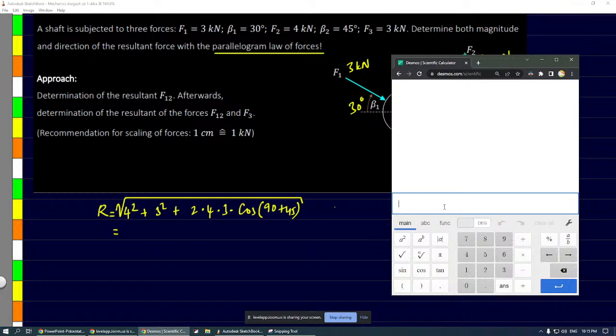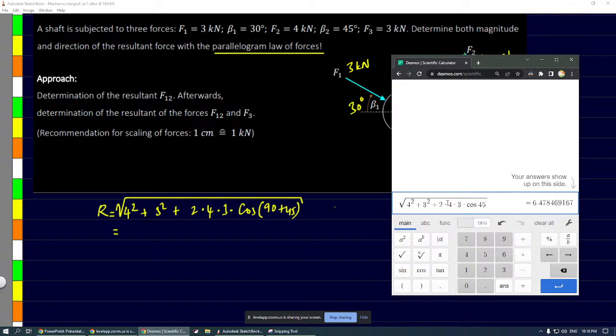Okay, so found it. 2.83, sir, or 2.84. 4 square plus 3 square plus 2 into 4 into 3 into cos 90 plus 45, and then the square root. Do I need to check it or are you confident? Confident, sir. Okay, let me check it.